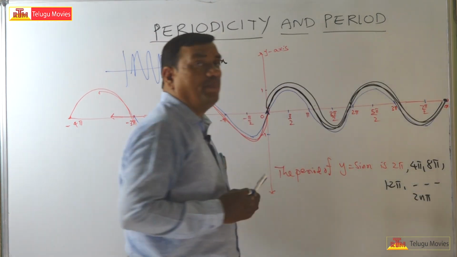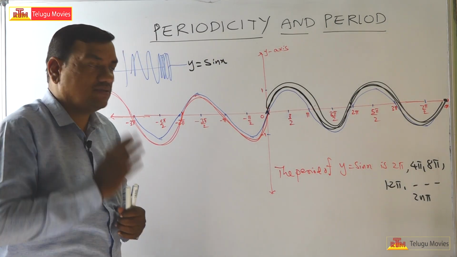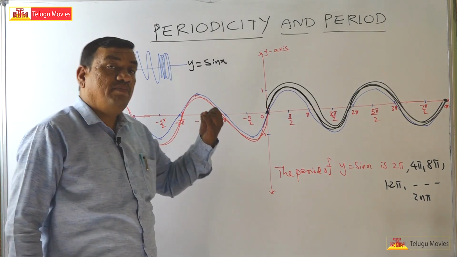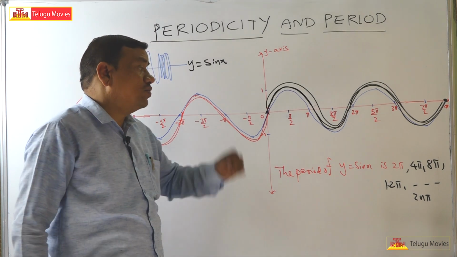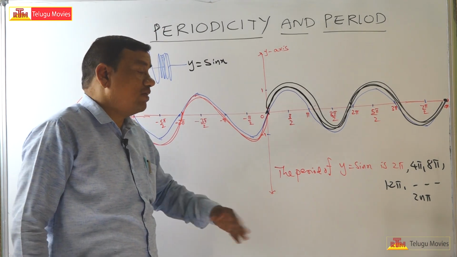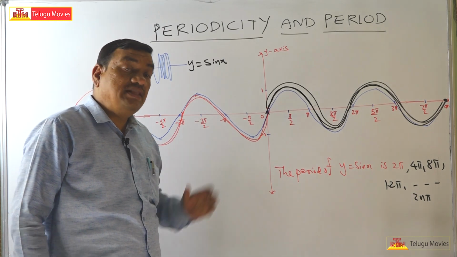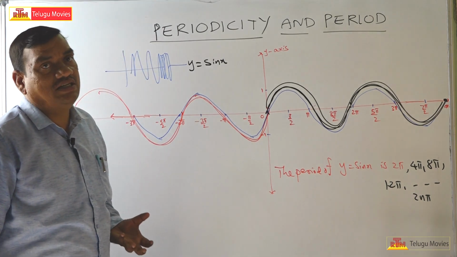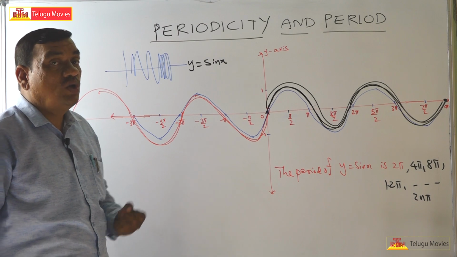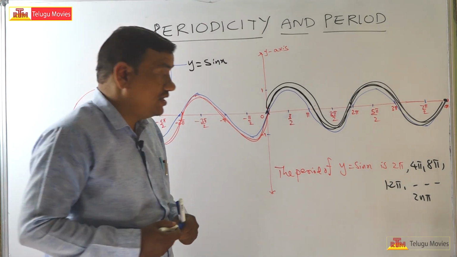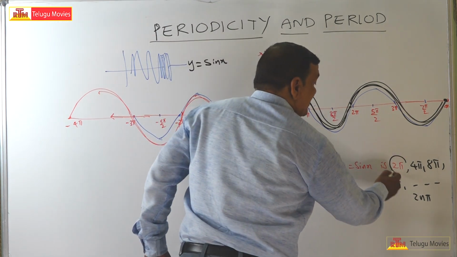All these are called periods. So if anybody asks you what is the period of y is equal to sin x, you may say 2 pi, 4 pi, 8 pi, 12 pi, so on 2n pi. But the question is, which one do we have to consider? For definition purpose, we will take the smallest interval.